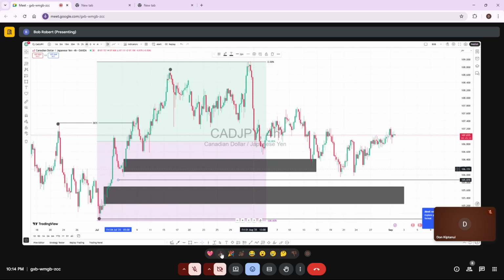However, if the decisional point of interest is invalidated, like the price comes there, manipulates and then goes, please note that the extreme point of interest is going to hold. So if this is invalidated, the market is going to hold here.